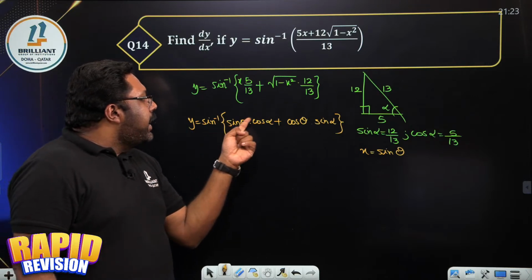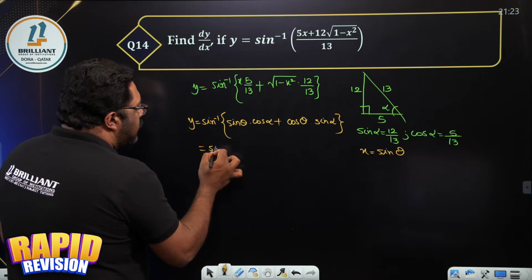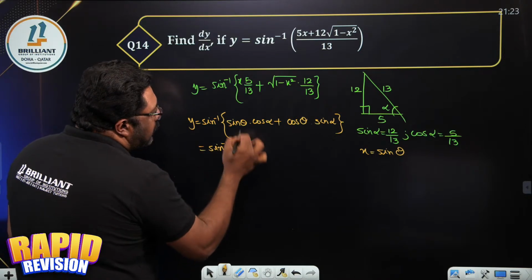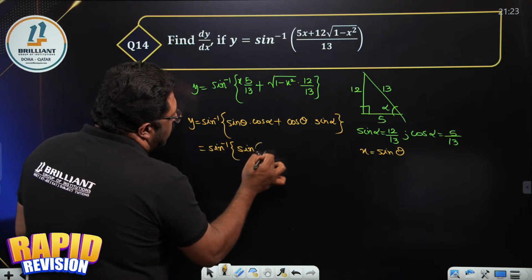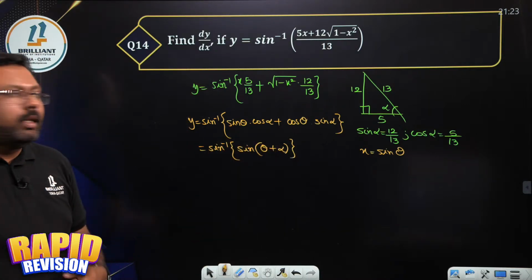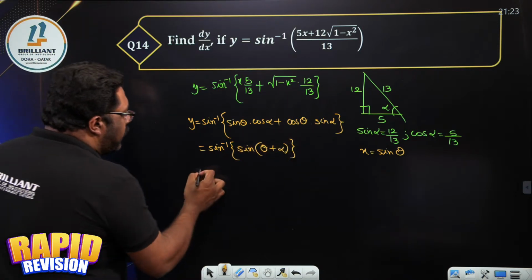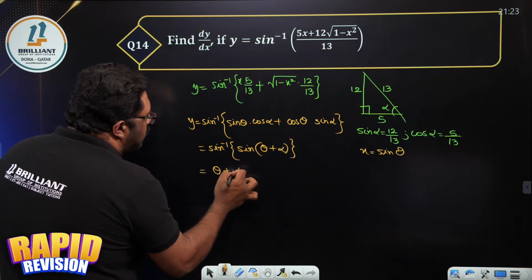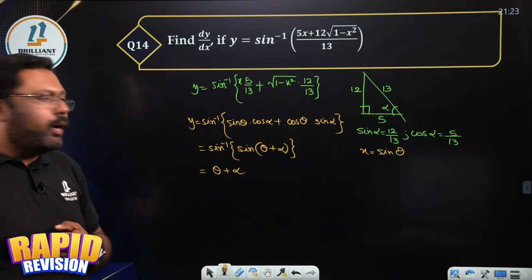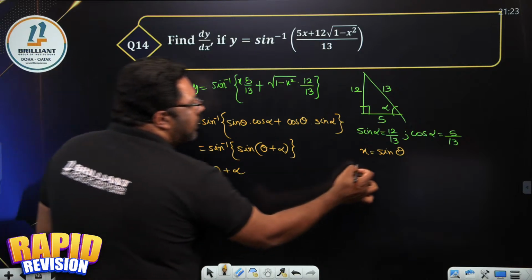Trigonometric formula: sine A cos B plus cos A sine B, which is sine of A plus B. Sine inverse and sine cancel each other. Theta plus alpha. This is y. Now what is theta?